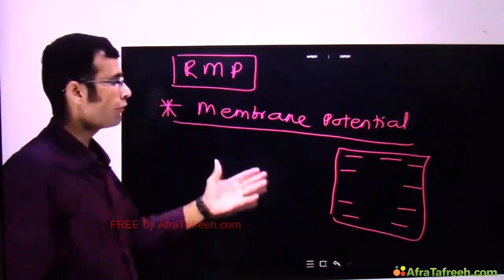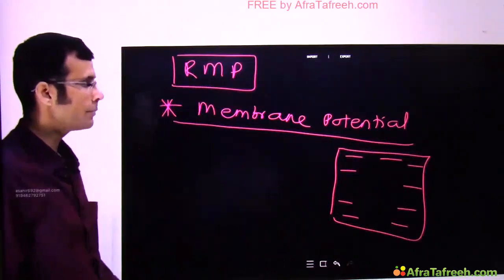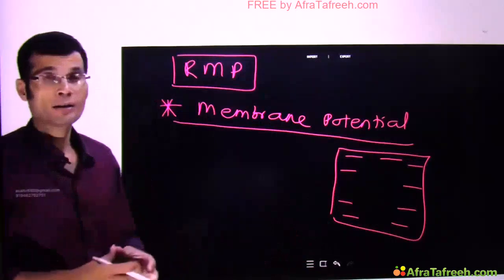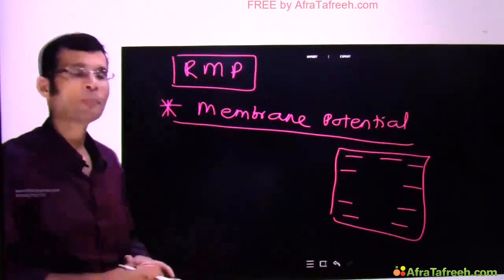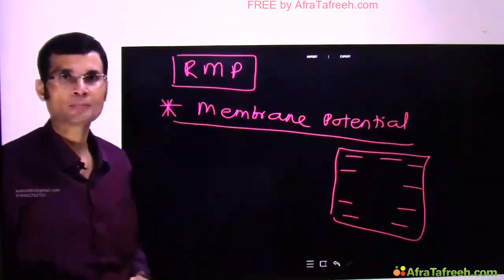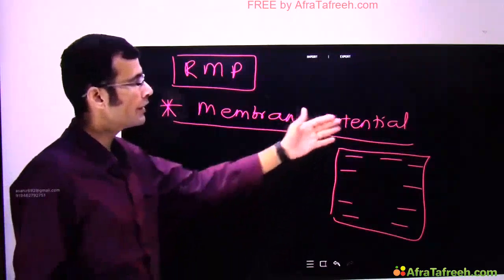This is true for every cell in the body. Henceforth, whenever we discuss any potentials on the membrane, it would be on the inner aspect of the membrane, whether the membrane is resting or excites.